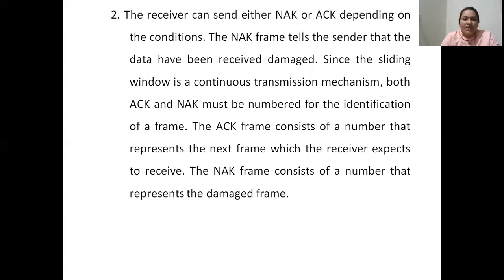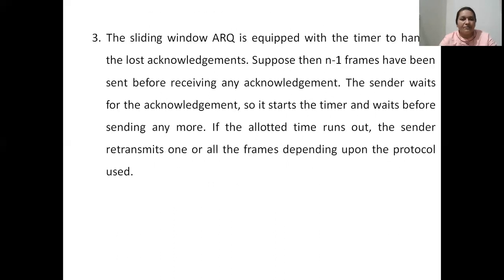The acknowledgement frame is always numbered with the number of the next frame the receiver expects to receive. And the NAK frame, the negative acknowledgement frame, will be numbered using the number of the damaged frame. This is the convention followed in sliding window ARQ.